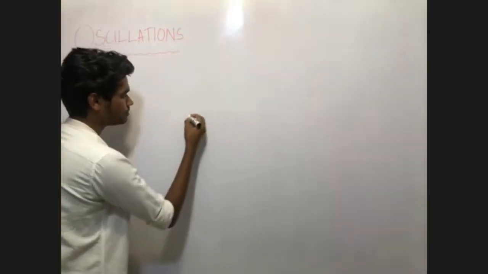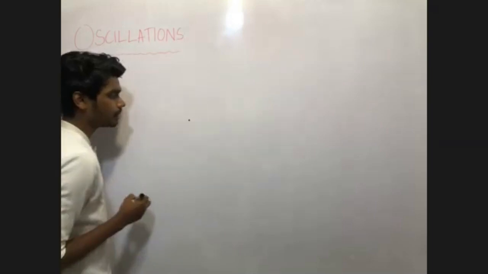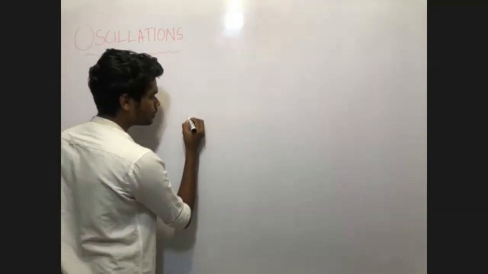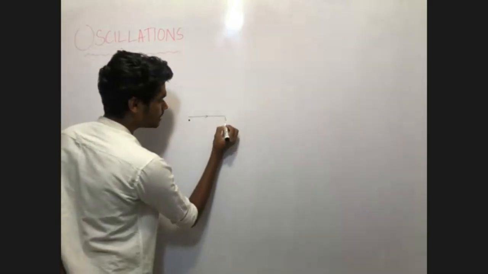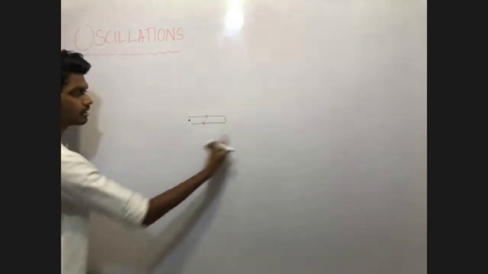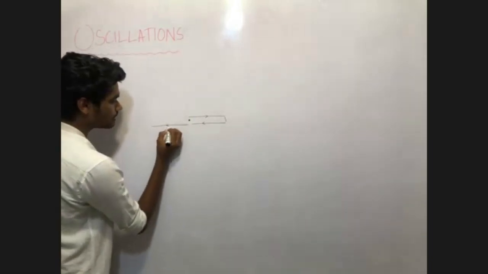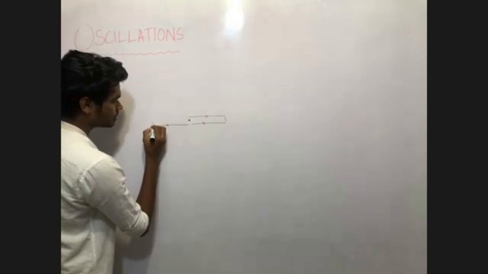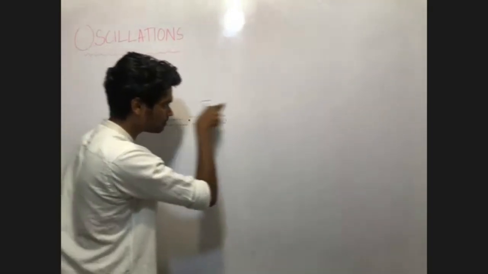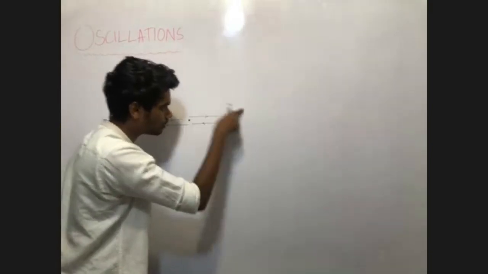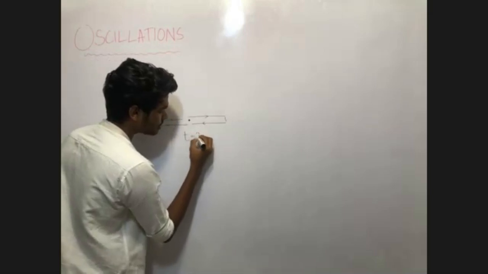It's like this. A particle is there. It moves to the right, and once again it moves to the left. Once again, to the right. To perform this complete motion, let's assume it took 2 seconds.